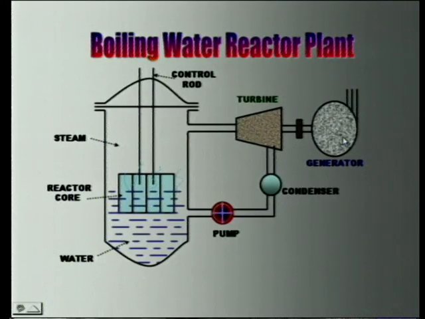We have the generator, which converts mechanical energy into electrical energy, the condenser and a pump. If we observe, the water flows directly through the reactor and gets converted into steam.